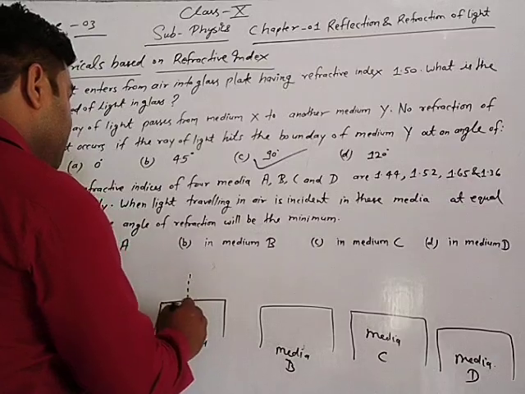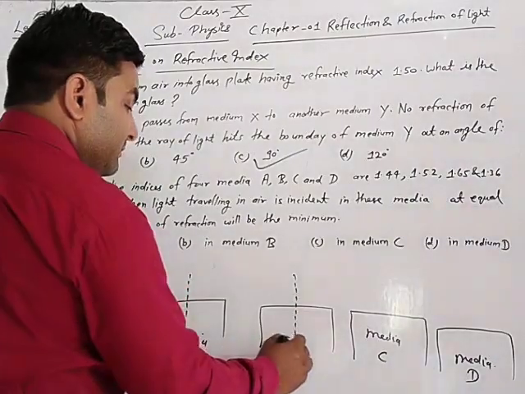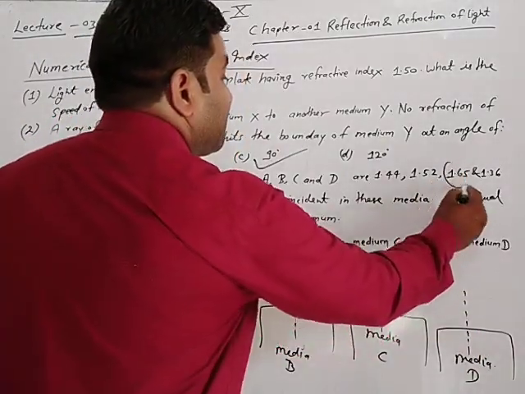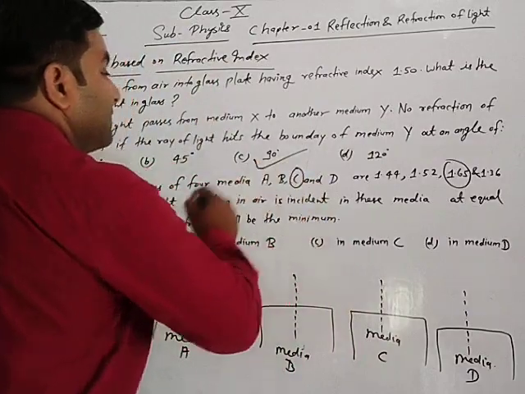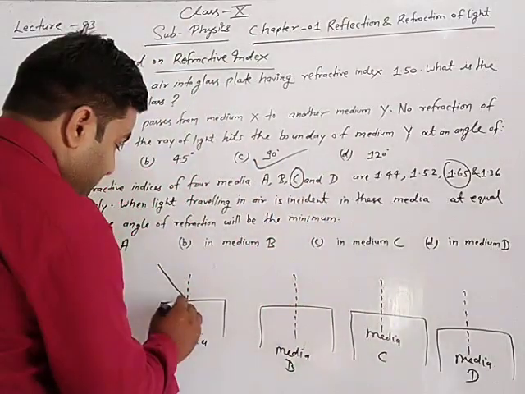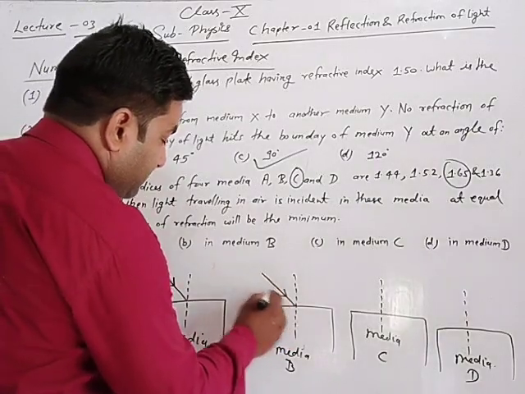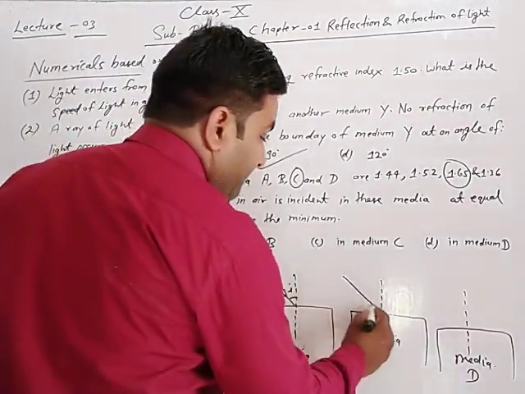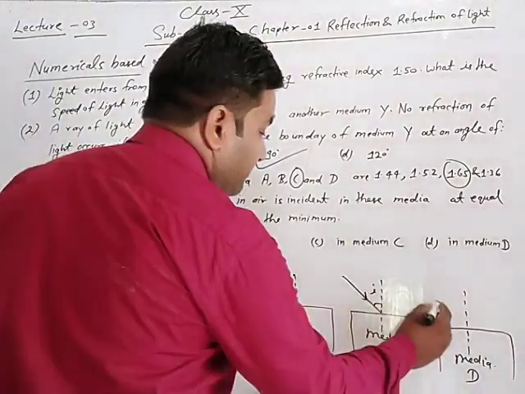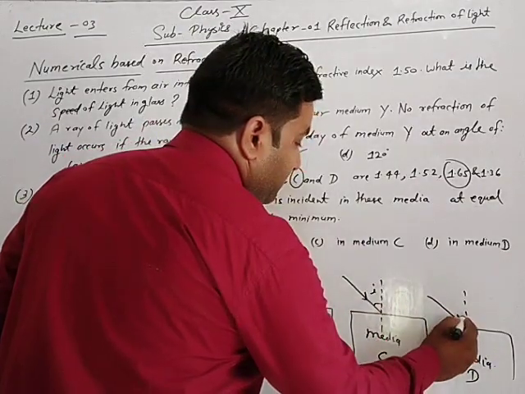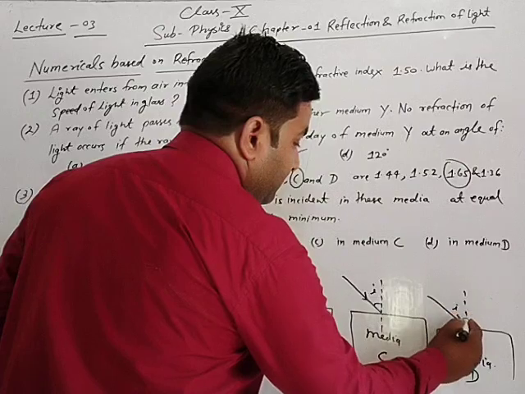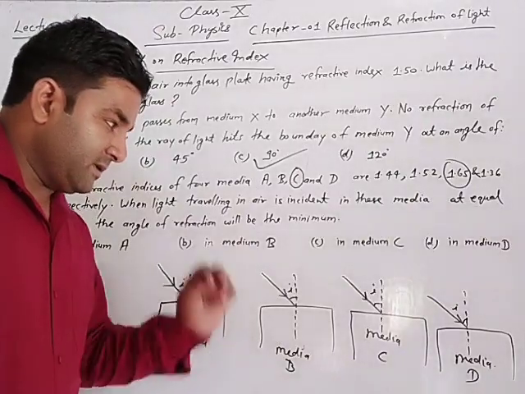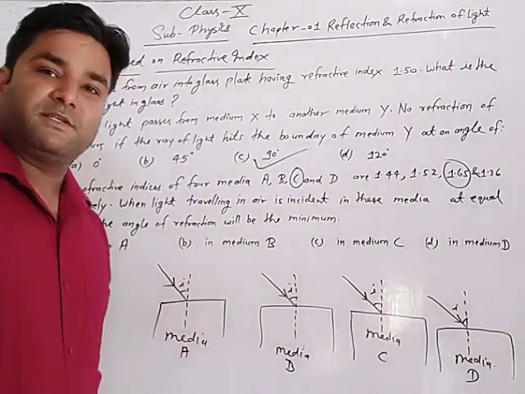In each case the angle of incidence is the same, but the condition is that the refractive index of medium C is greater. The angle of incidence in each case is equal, that is I, here I, here also I, here also I. So in each case the angle of incidence is the same, but in which case will the angle of refraction be minimum? This is the question.